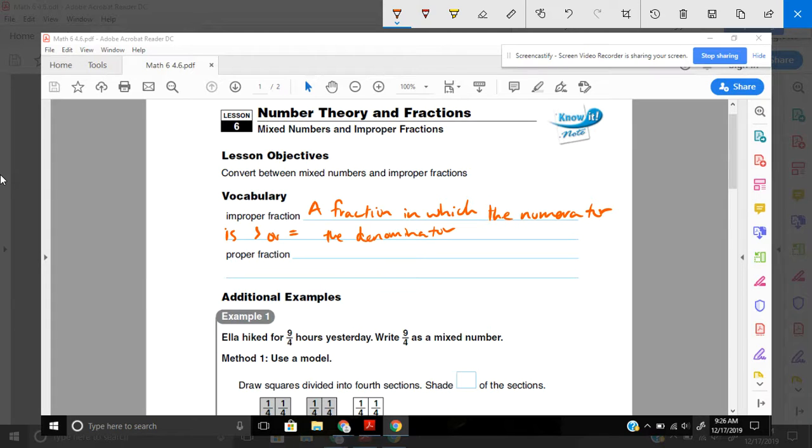And a proper fraction is a fraction in which the numerator is less than the denominator.